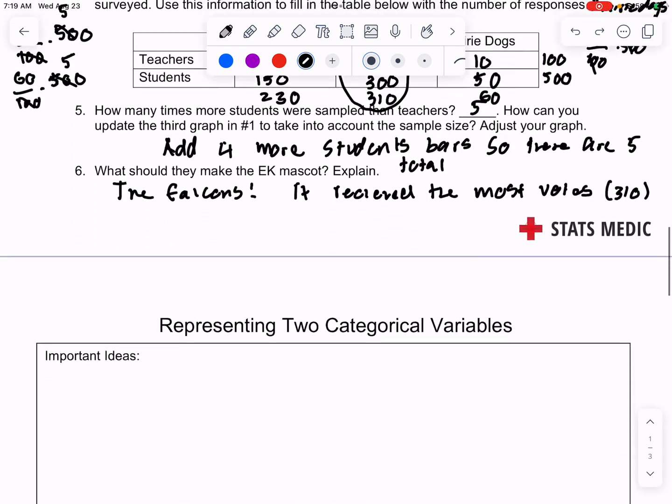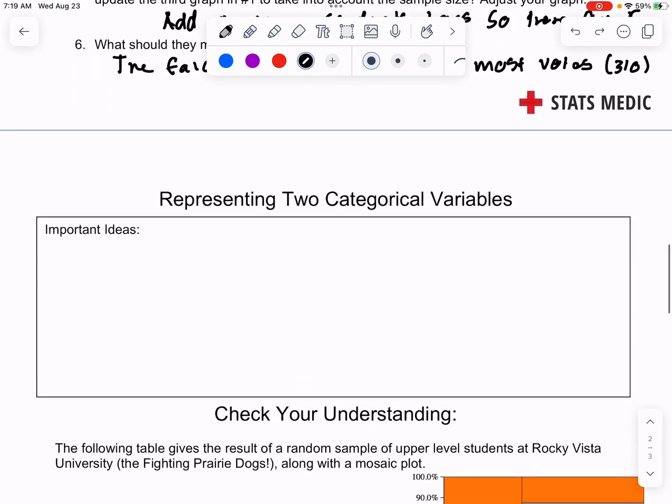So let's talk about the most important aspects of this video. Okay, so our learning targets 1 and 2 were all about displaying categorical data.